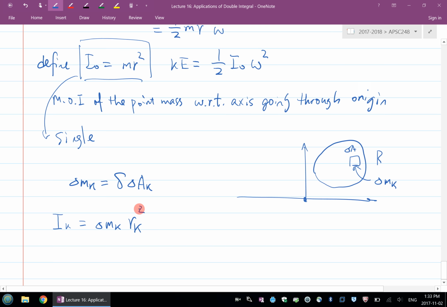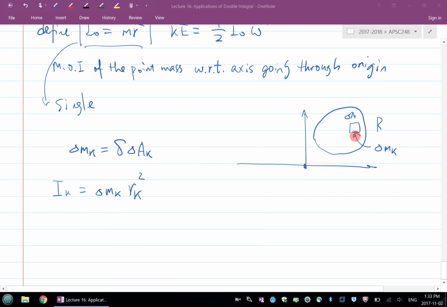If I need to calculate the total moment of inertia, we add all of these up. Then if you want a precise quantity, you let the total number go to infinity, and the addition becomes a summation, so your total moment of inertia will be an integration here. Let's use x, y, and dA.